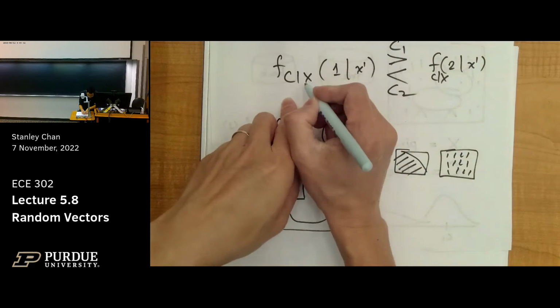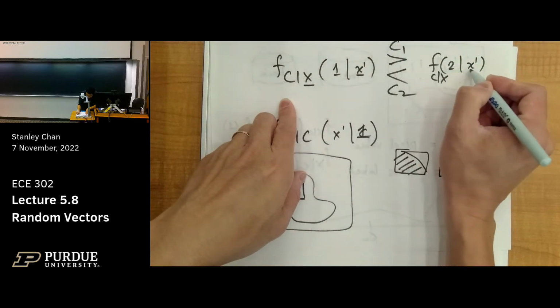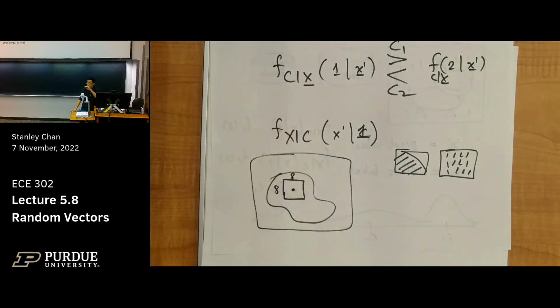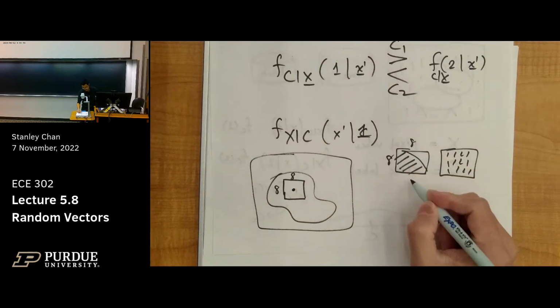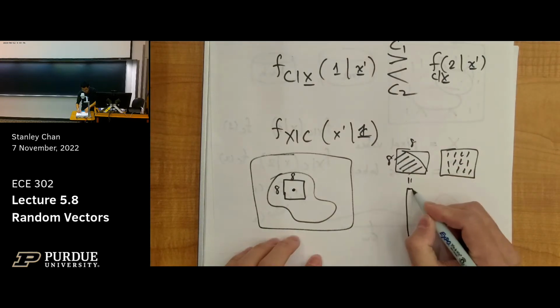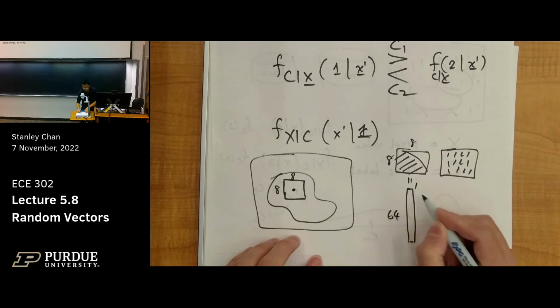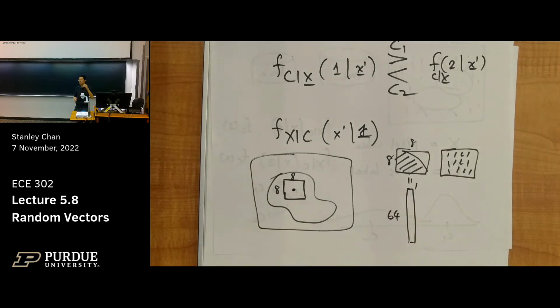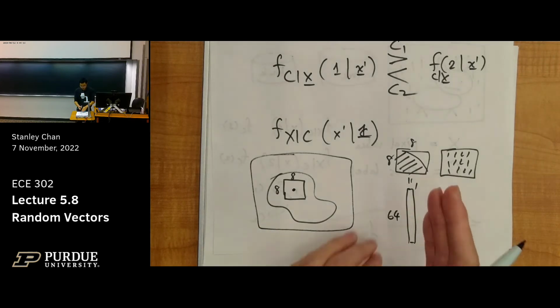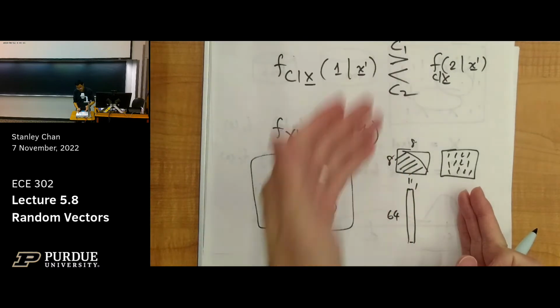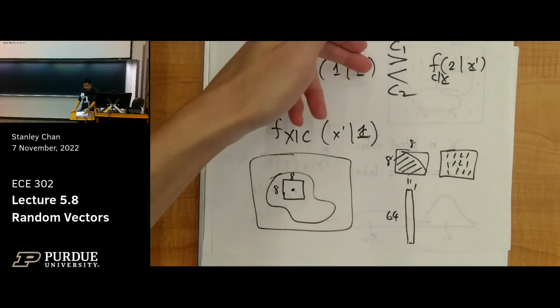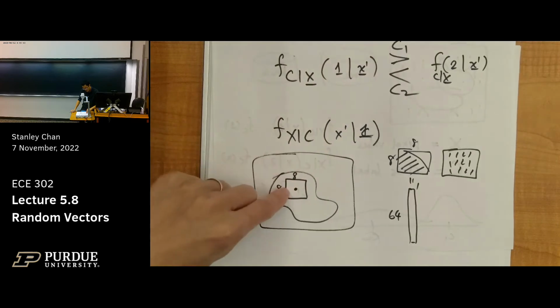So I'm going to replace this by an underscore that defines a vector. It is an array, but I can always convert it to a vector. If this is A by A, this is equivalent to a 64 by 1 vector, with the same number of elements.